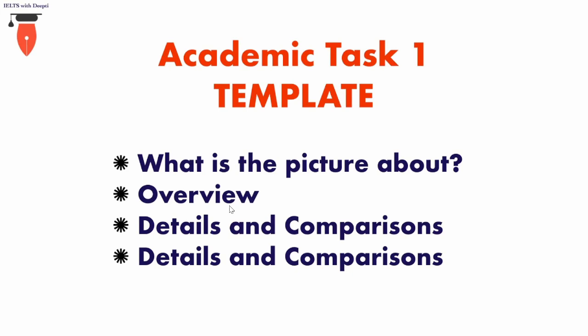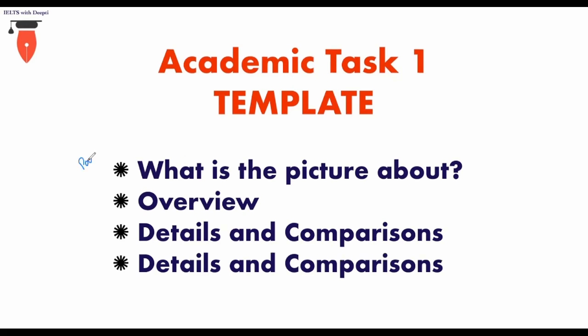Now, how do we write task 1? I'll share a quick template with you. We discussed that the description of the task is given in the question already. So you have to paraphrase that description, and this paraphrase will become the first paragraph of your academic task 1.